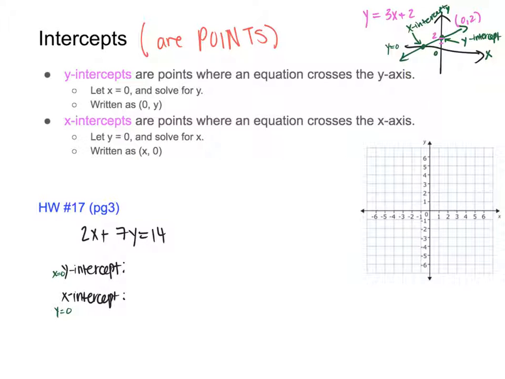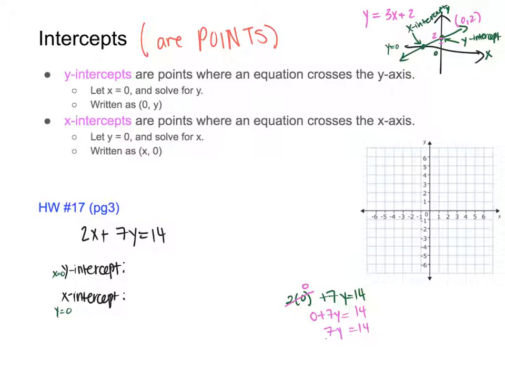So if x is equal to 0, we would have 2 times 0 plus 7y equals 14. Well, in this equation, 2 times 0 is just going to be 0, so that really just cancels out. 0 plus 7y is just 7y equals 14.